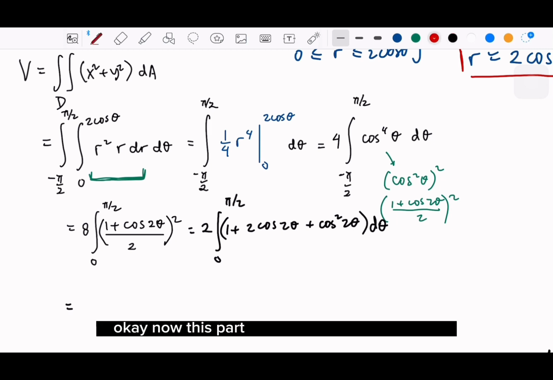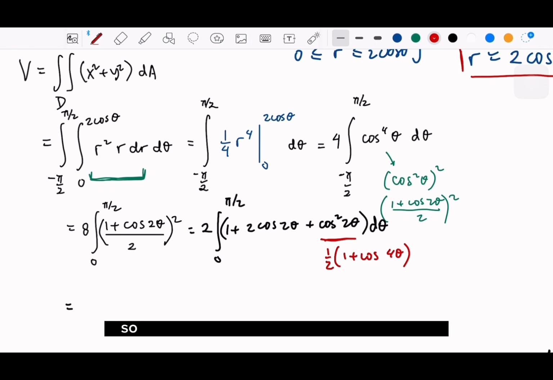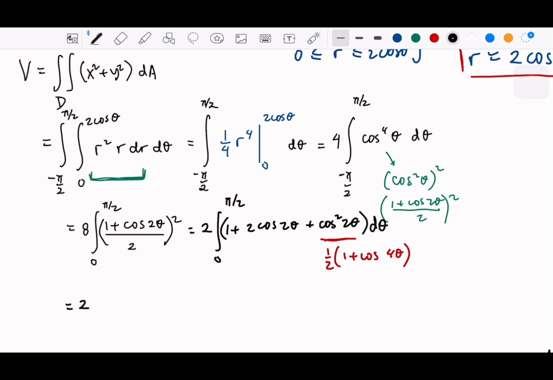Now for the cosine squared 2 theta part, we are going to take another double angle. We get a half of 1 plus cosine 4 theta, right? So 1 plus a half becomes 3 over 2.